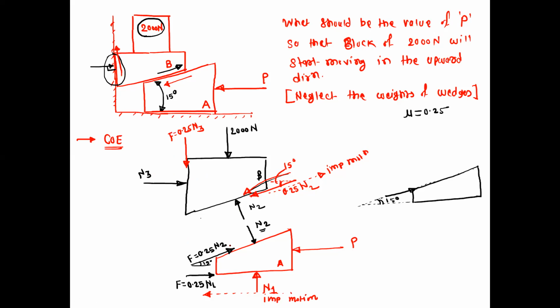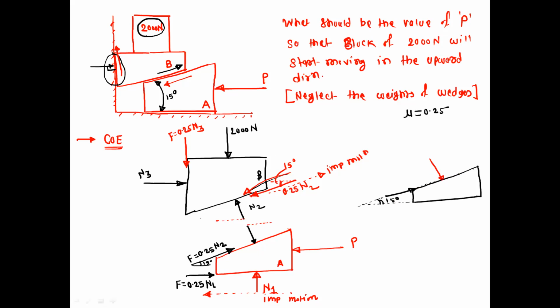Here the normal reaction N2 is inclined with the horizontal, or the x-axis. So we have to find out this angle. We can find this angle by using this 15 degrees. This reaction is perpendicular to this surface.